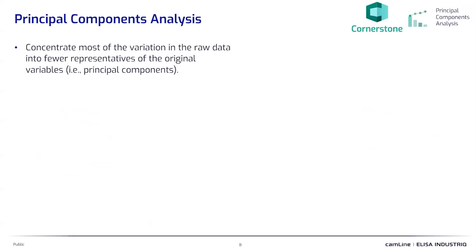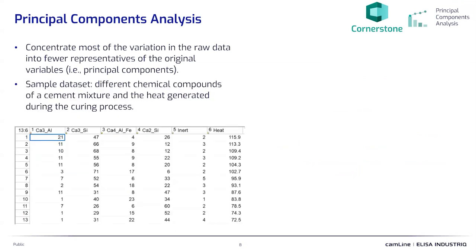Principal component analysis concentrates most of the variance in your data into fewer representatives of the original variables, and they are called principal components. Here I will use a sample data set to demonstrate how this analysis is done in Cornerstone.